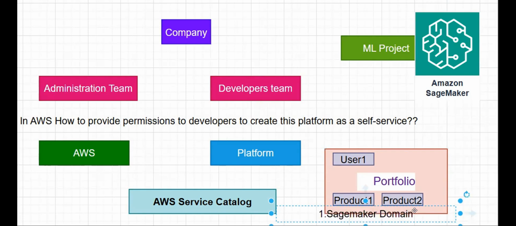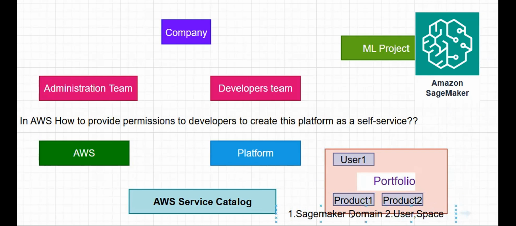As a second product, we'll create a SageMaker user. That user can access the domain, and to access the domain we'll create the user. In this product we are also defining some space, where the notebooks will be created by using this user.